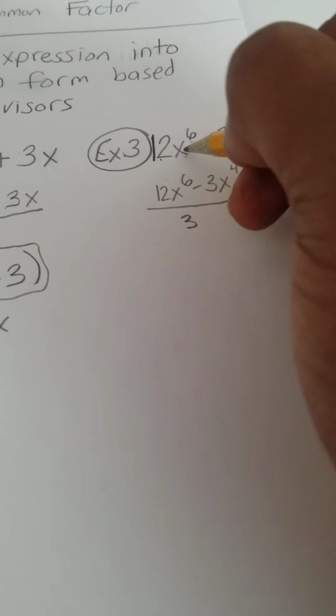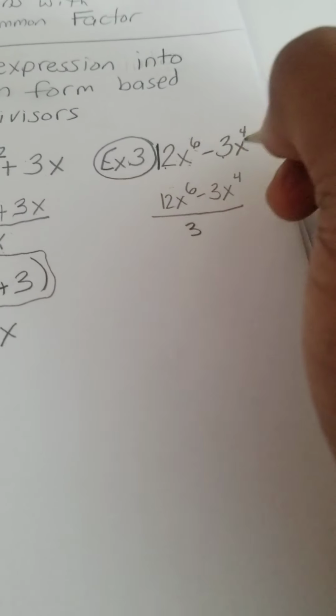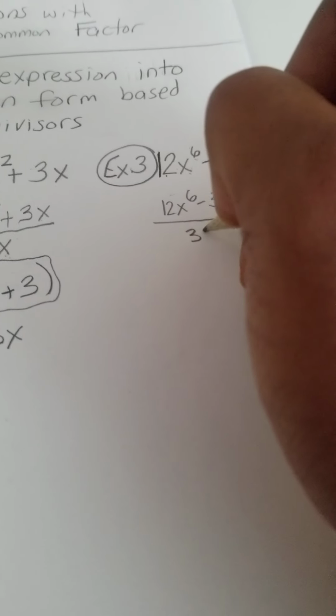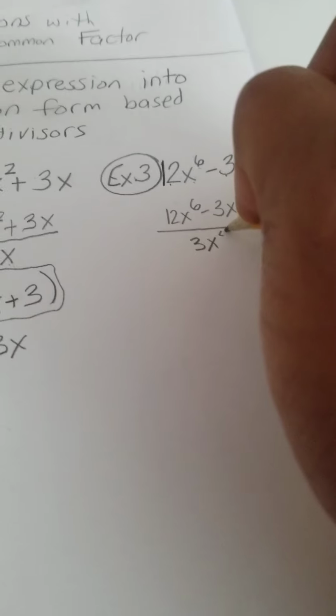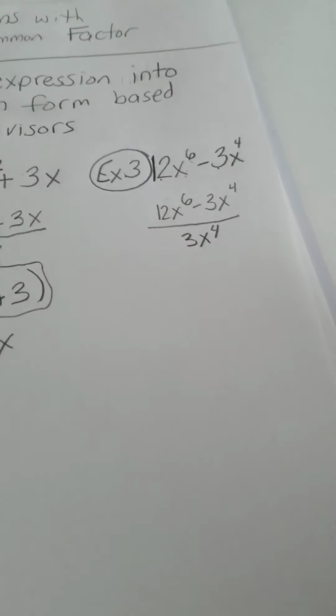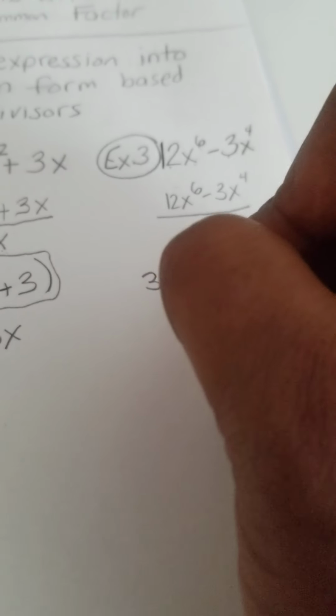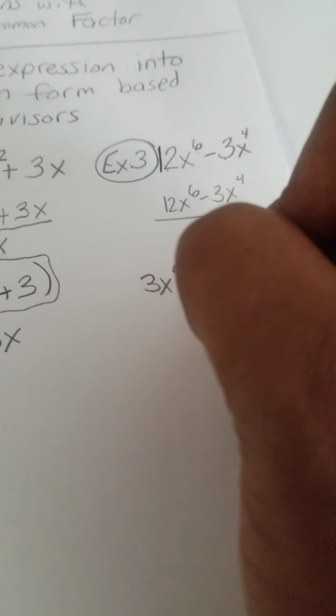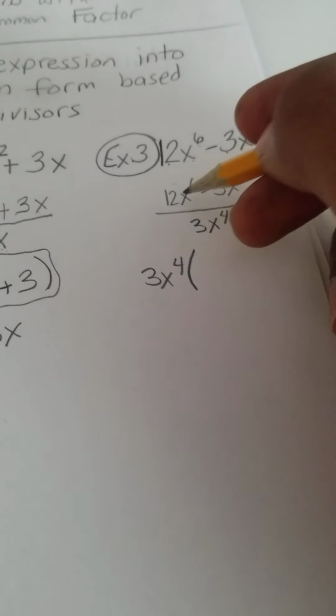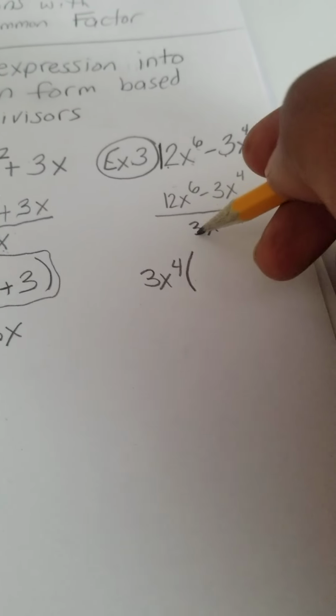And I know x to the sixth can be divided by x to the fourth. So I'm just going to go ahead and factor out that whole 3x to the fourth power. Now I divide: 12x to the sixth power divided by 3x to the fourth power.